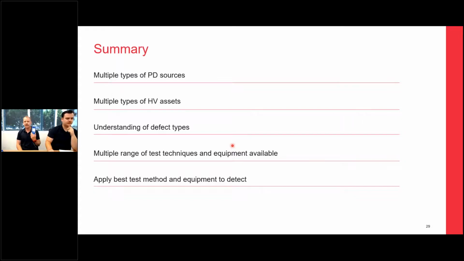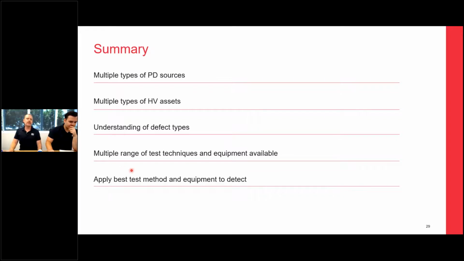Like the UltraTev Plus 2 can run 4 different tests now. It can run TEV, it can run ultrasonic, it can run your RFCT/HFCT test for your cable PD. It can also, now the UHF directional antenna also plugs into your UltraTev Plus 2. So you can cover 4 test techniques with the one instrument.